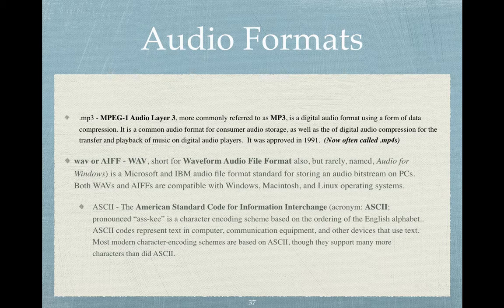And ASCII, that's the most common audio file for an Apple, especially in iTunes now. That's actually, believe it or not, the preference file for iTunes. You have to change it to be an MP3, believe it or not, because that's a lower quality, and ASCII is a higher quality.